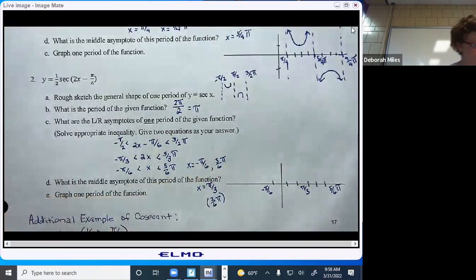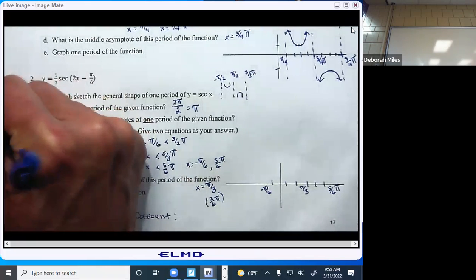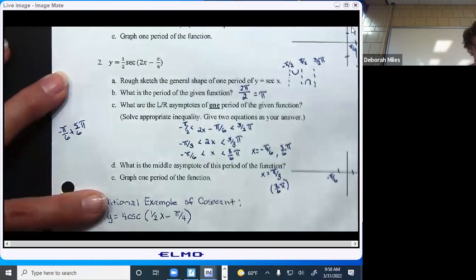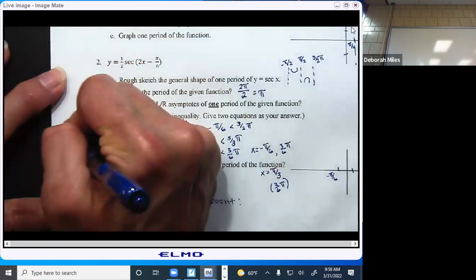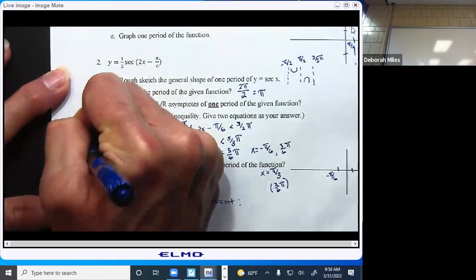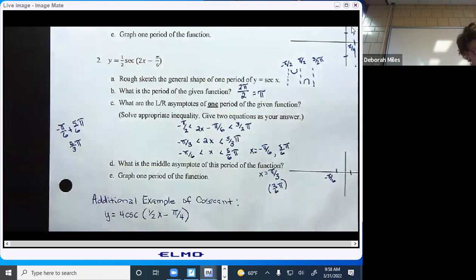I need to write it down. Writing things down helps. When I'm going fast, I try to do everything in my head. Negative pi over 6 plus 5/6 is 4/6, better known as 2/3 pi. I'm still coming up with 2/3 pi.